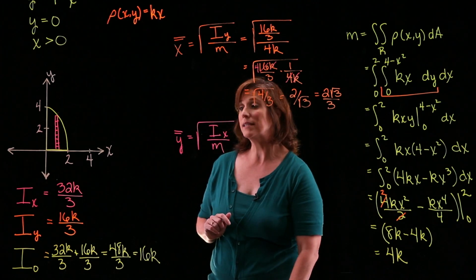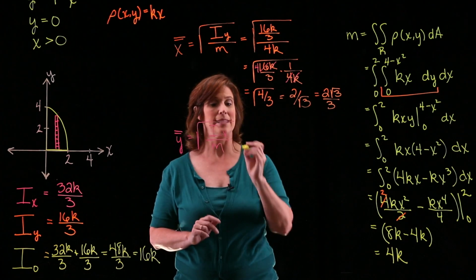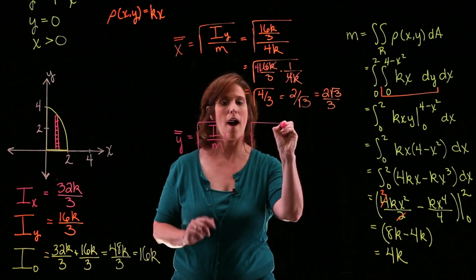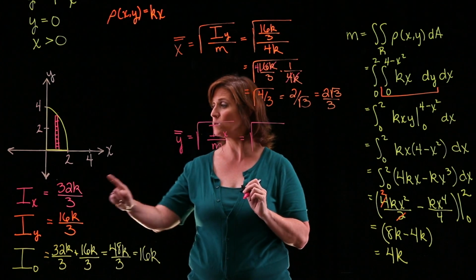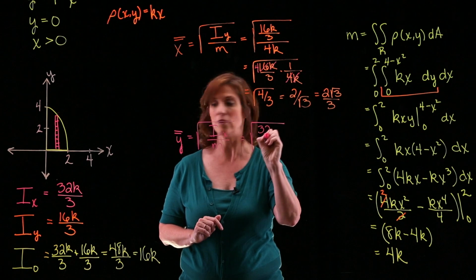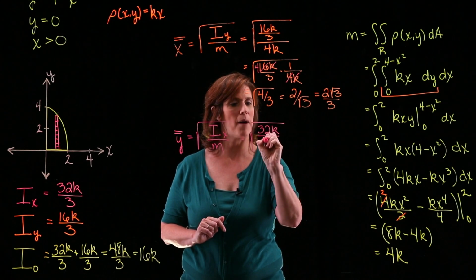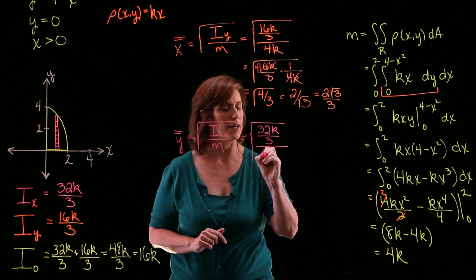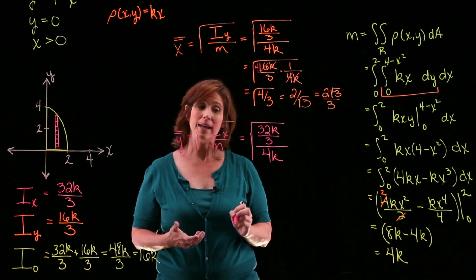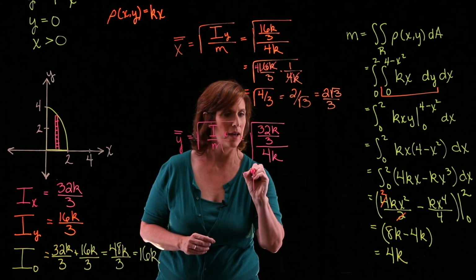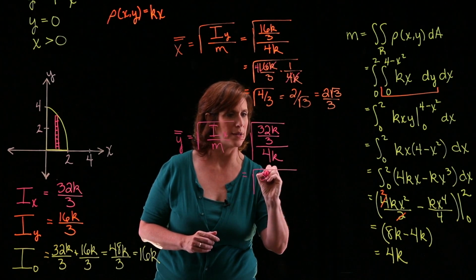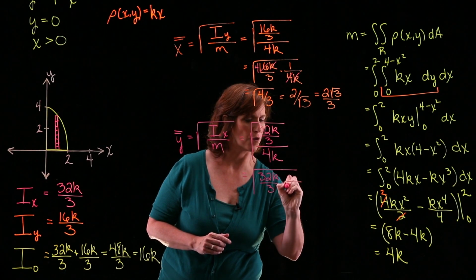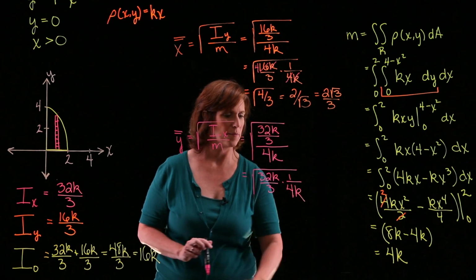Okay, let's get the radius of gyration with respect to the x-axis. So I know it's the square root of the moment of inertia about the x-axis, which I've already calculated to be 32k divided by 3. But I have to divide that by the mass, which I now know is 4k. Again, a little arithmetic, and I have 32k all over 3 times 1 over 4k.